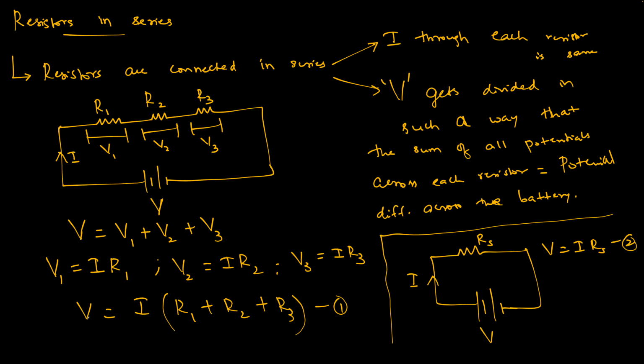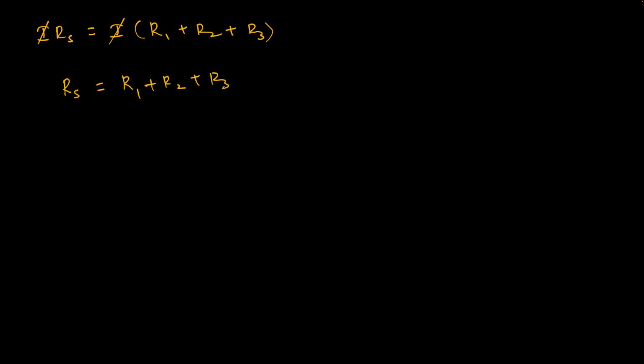Using 2 and 1, what are you going to get? The left hand side will be I into RS is equal to I into R1 plus R2 plus R3. I and I are gone. RS will be equal to R1 plus R2 plus R3. Right. So this is going to be the equivalent resistance for the diagram that we took.